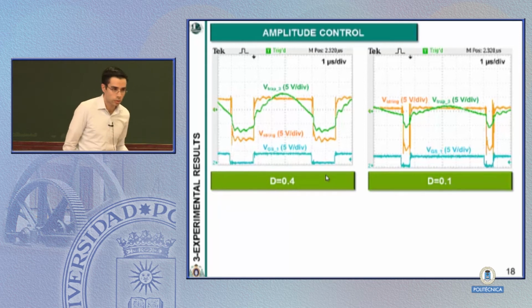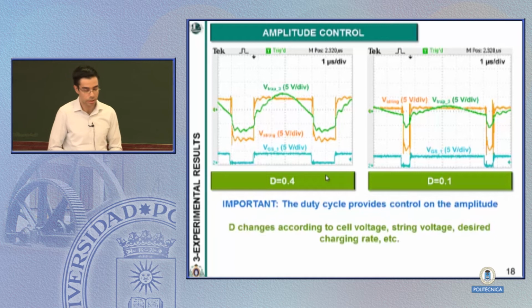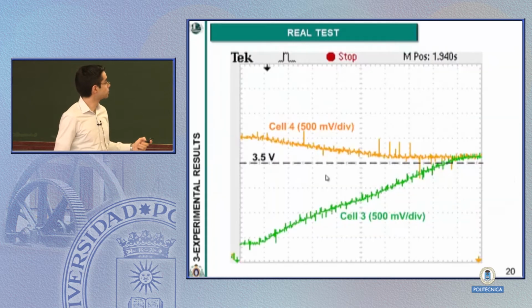I have a control variable, which was the frequency, but I still have the duty cycle. So actually, I can control the charging rate, and the control stage, the only thing that it has to do is, according to the value of the cell, the charging rate I want, the value of the voltage of the string, define a duty cycle or a different one. But I can control it.